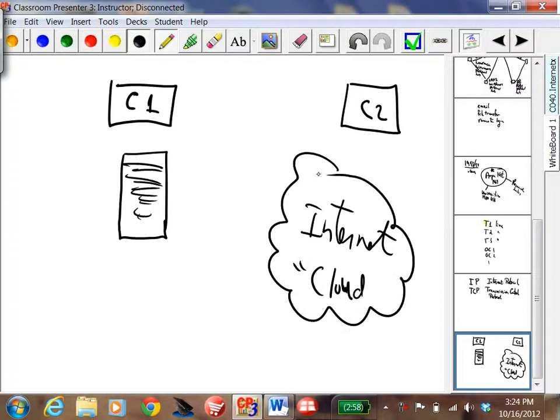And you might think that when you send an email to this person, that whole message gets sent through some path of the internet. But that's not true. What happens is this message is divided up into little packets.